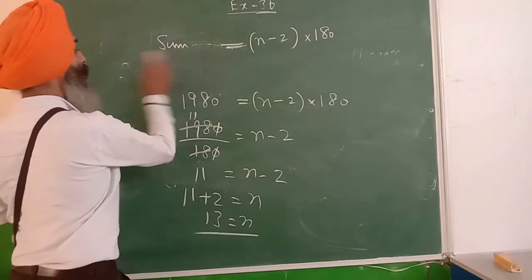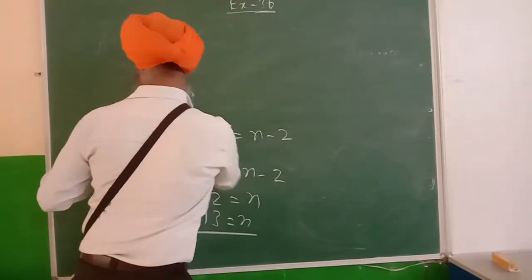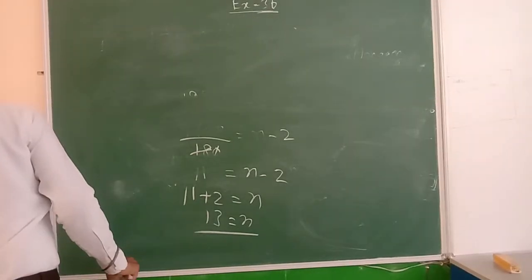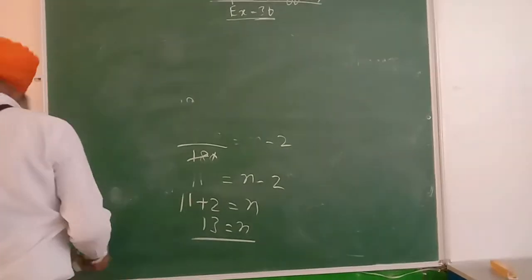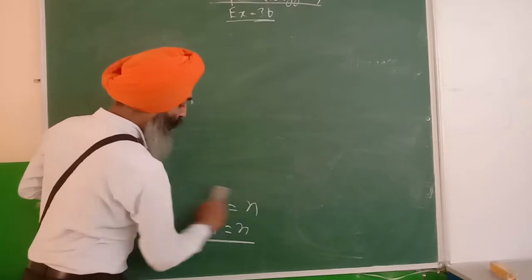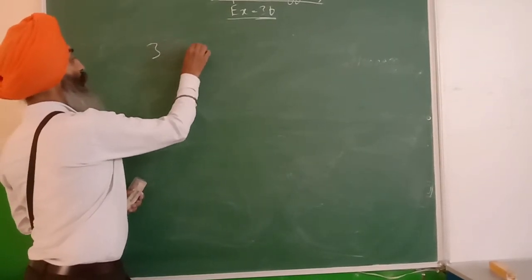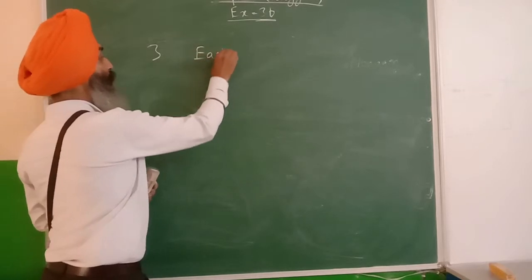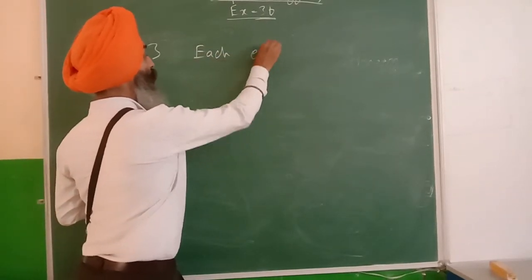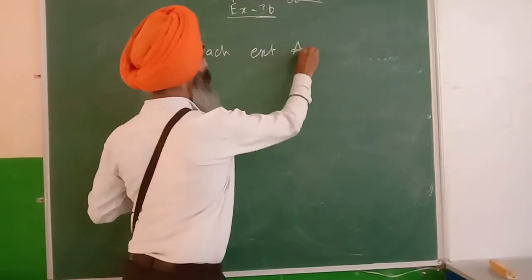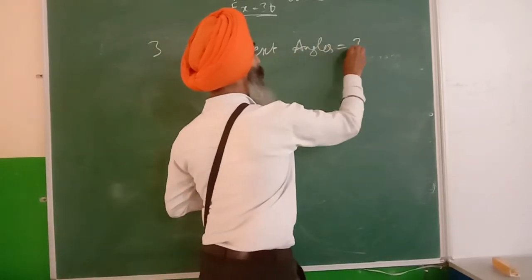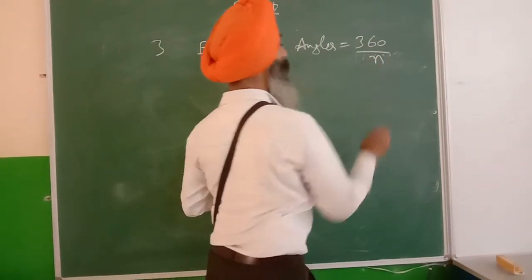The third question is a little bit different, in which you have to find the measure of each exterior angle. You have already done the formula: each exterior angle is equal to 360 divided by n.